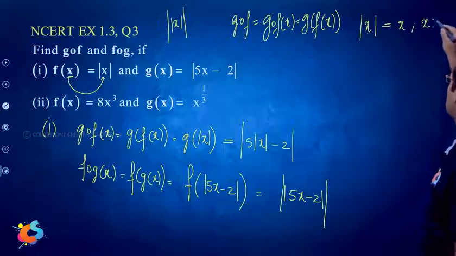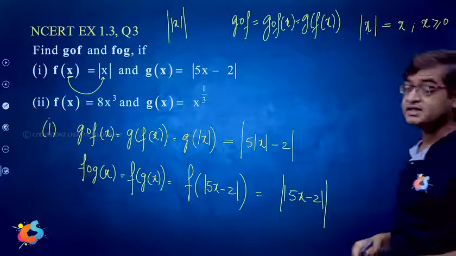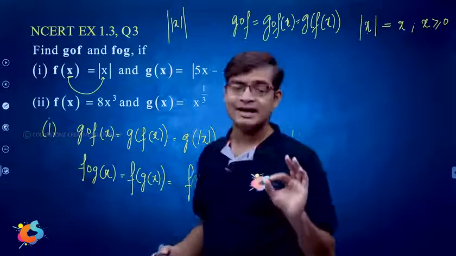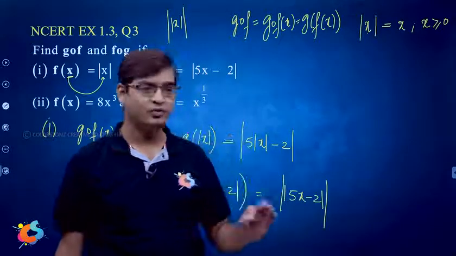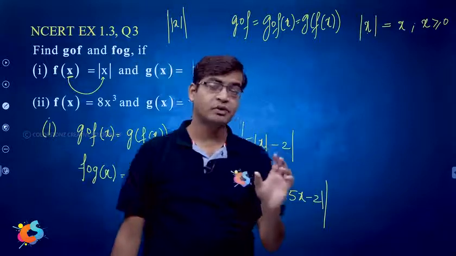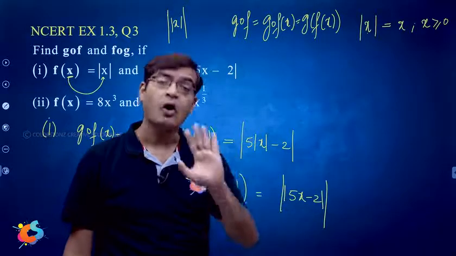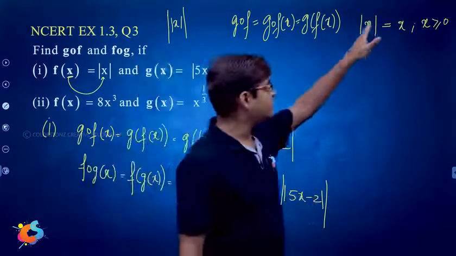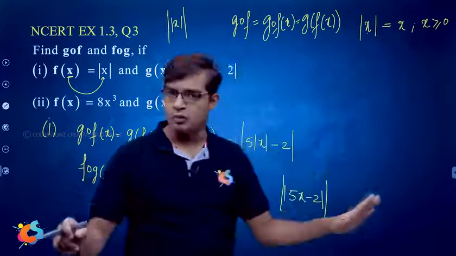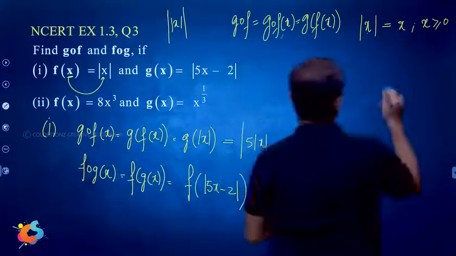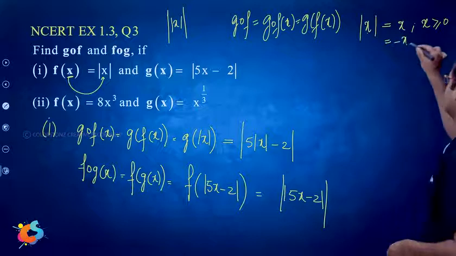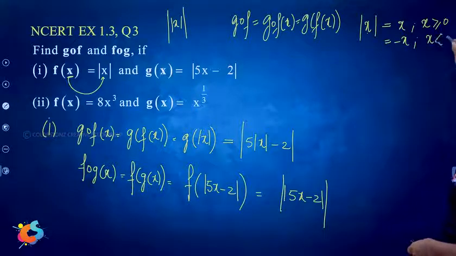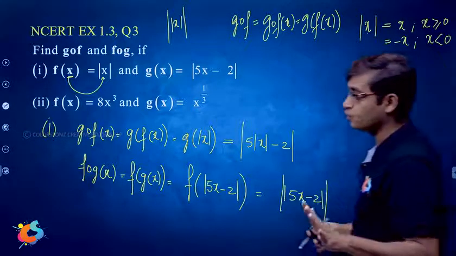So therefore, mod x is equal to x if x is greater than or equal to 0. Inside the mod, whatever you have, if it is 0 or positive, you can write it without the mod. If this is negative, then you put a minus sign. This has to be done when x is less than 0.